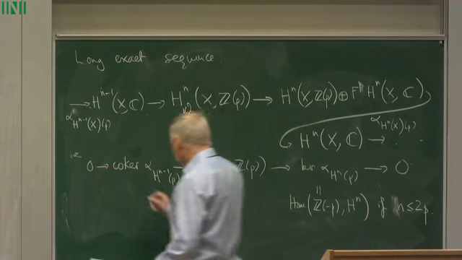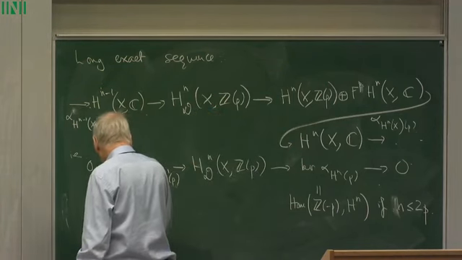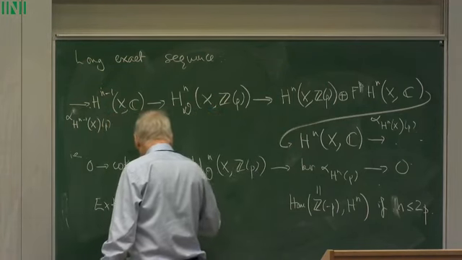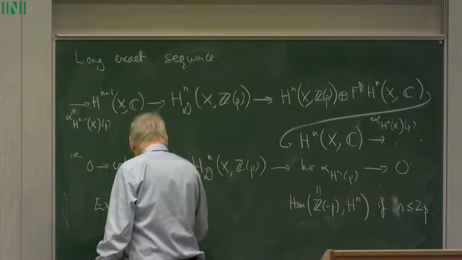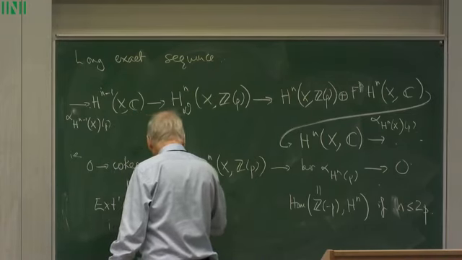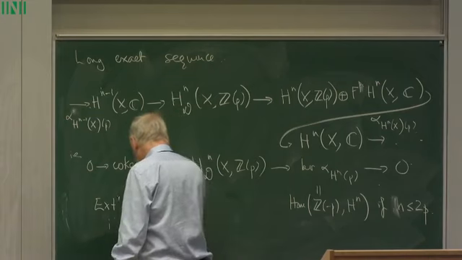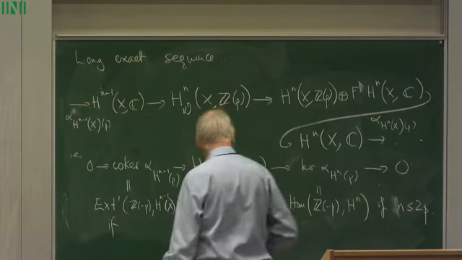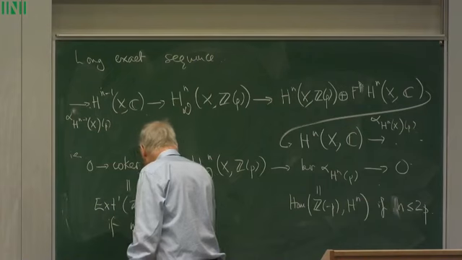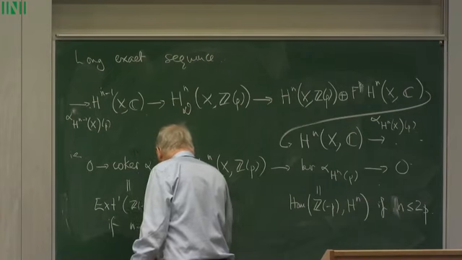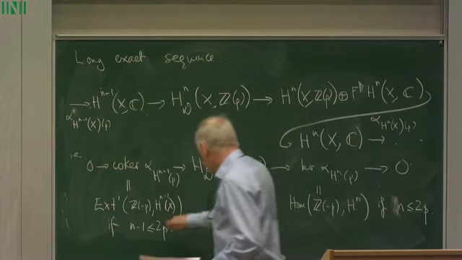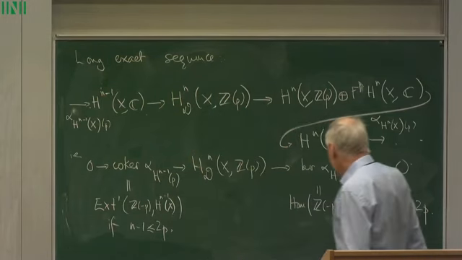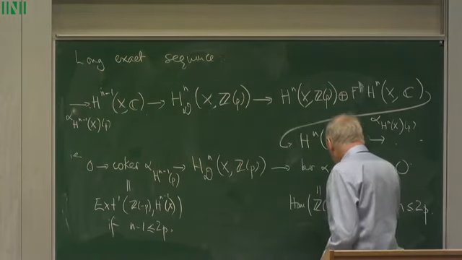And here we want, this will be the x1. That's the same thing. Well, let's write it Z minus p into Hn minus 1 x, and that's if n minus 1 is less than or equal to 2p. And we're only going to be interested in cases where this holds anyway. So what is this?